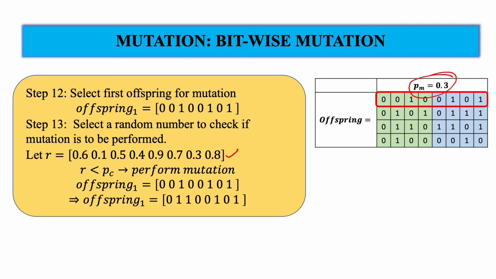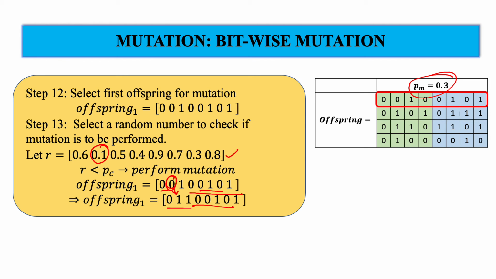If you compare, only for the second element is our random number less than the mutation probability. So only the second bit will go under the mutation process, all others will remain the same. If you see, only the second is converted to 1, all others are as they are.